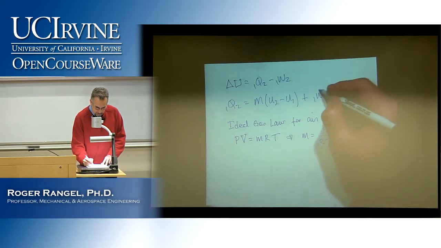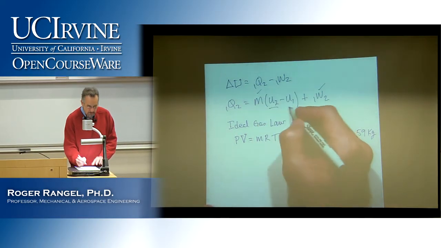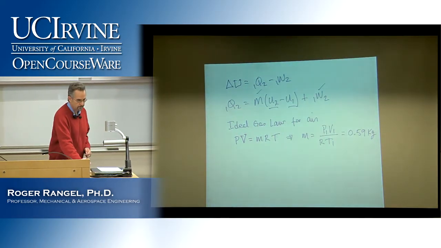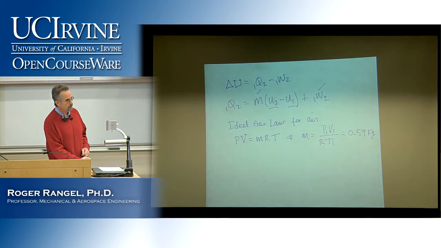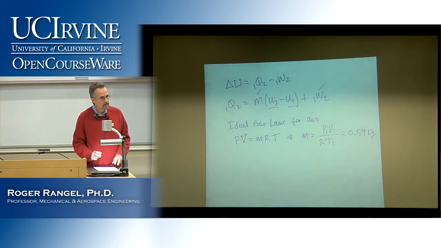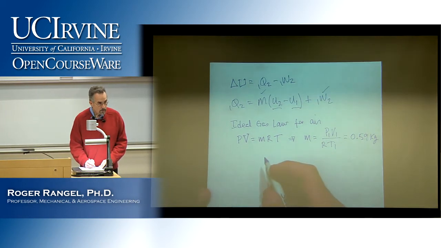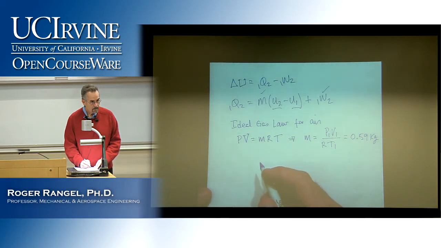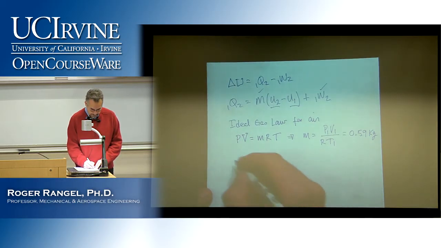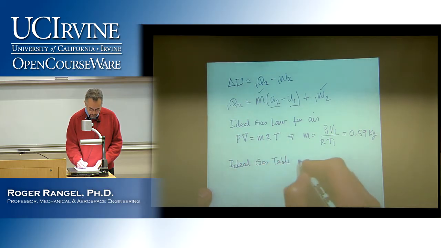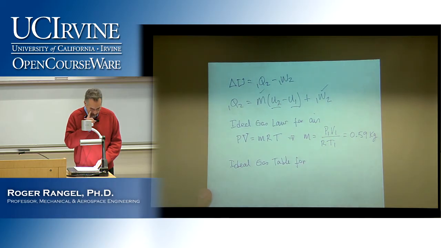So I got the work, I got the mass. How about U2 and U1? No, there is one for air, right? There is an ideal gas table for air. There's two ways to finish the problem. I'm going to show you both of them.